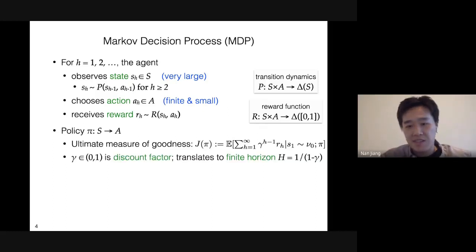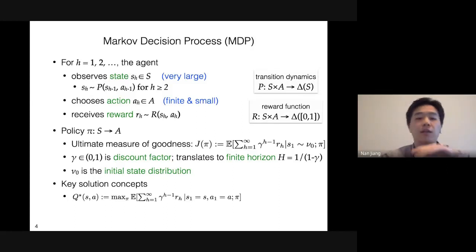Here, of course, gamma is a discount factor, and it roughly translates to a finite horizon of 1 over 1 minus gamma. And throughout this talk, I will somewhat jump back and forth between the infinite horizon discounted setting and the finite horizon undiscounted setting, because they're really similar and not that different, but ask questions if you're confused. And again, mu 0 is the initial state distribution, right?